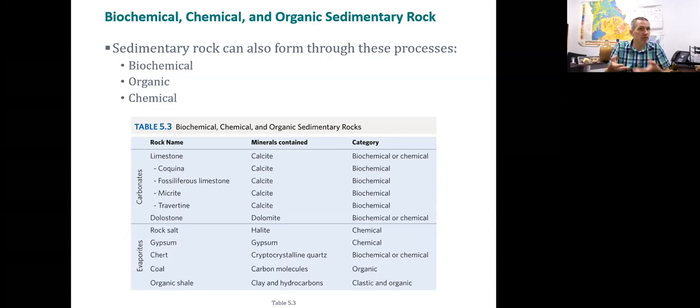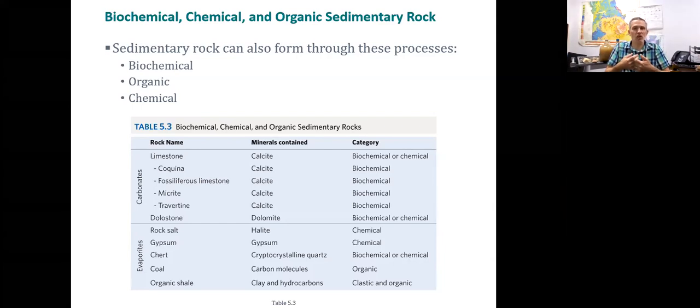Now, sometimes you end up with some clay getting washed into this area, so you can end up with clay particles with a lot of organic material, and this is going to be called an organic shale. Organic material tends to be black, and so when we start looking at this reduced environment, these organic shales tend to have some blackish color in them.